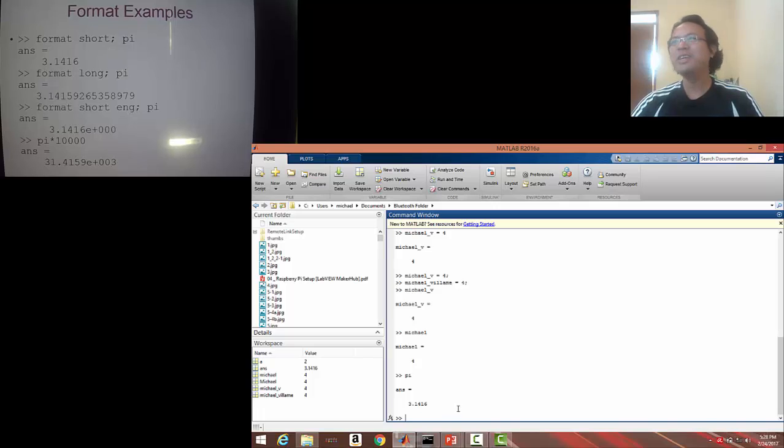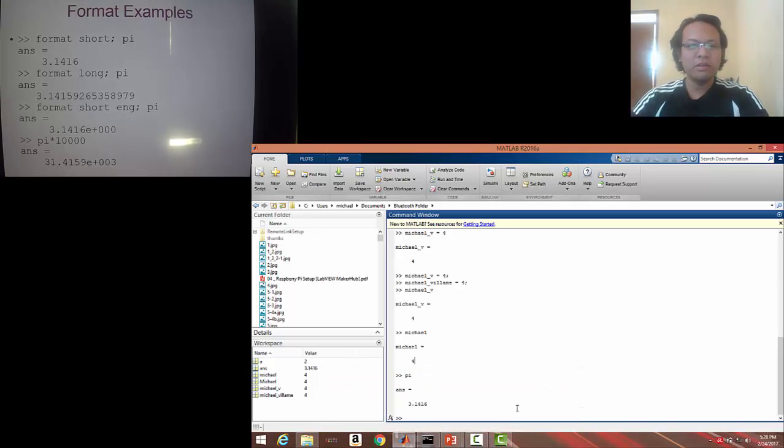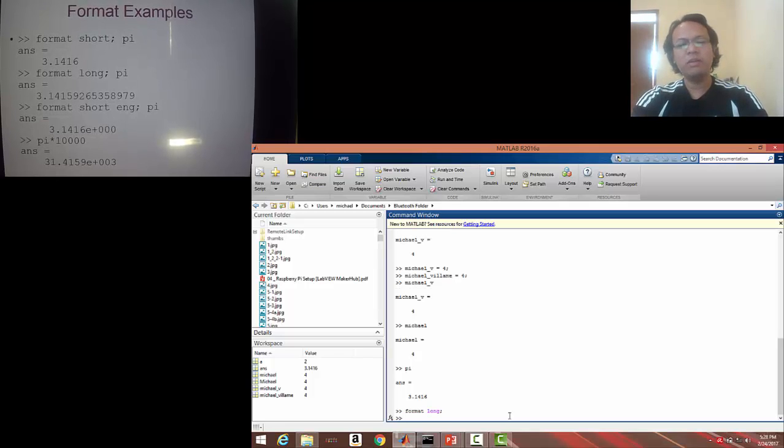Format short, pi, ans is equal to 3.1416. But if you say format long and then pi, you see it's totally different.